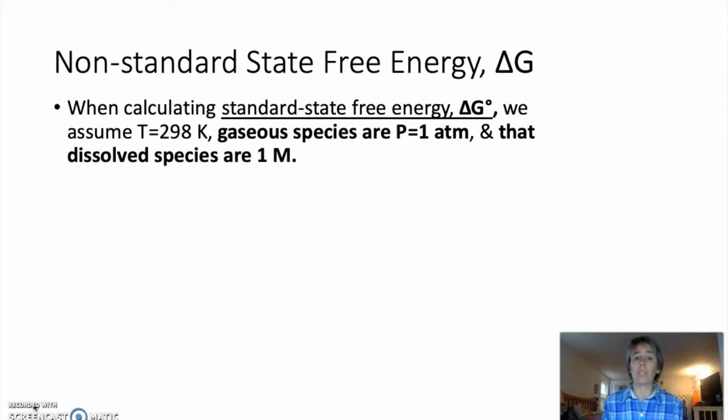Standard state free energy is what we were talking about in lesson 2 quite extensively, where we did some calculations. When we're calculating standard state free energy, we're assuming that the temperature is 25 degrees C or 298 K, that any gaseous species are at a pressure of 1 atmosphere, and that any dissolved species, any solutes, are at a concentration of 1 molar.